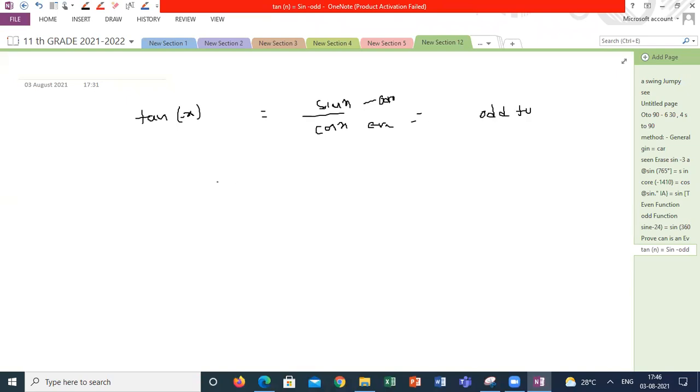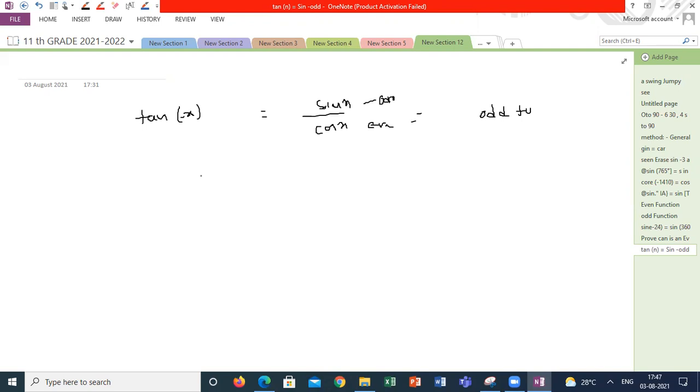If tan is odd, its reciprocal is also odd. Sin is odd, so cosecant is also an odd function, and secant is an even function. Superb. That's the reason we won't discuss other angles once we discuss sin and cos. The major thing is sin and cos here. Will you agree with me?